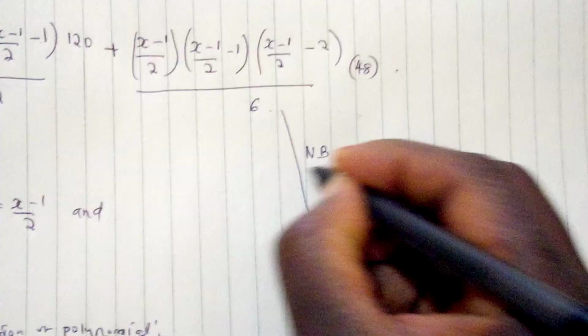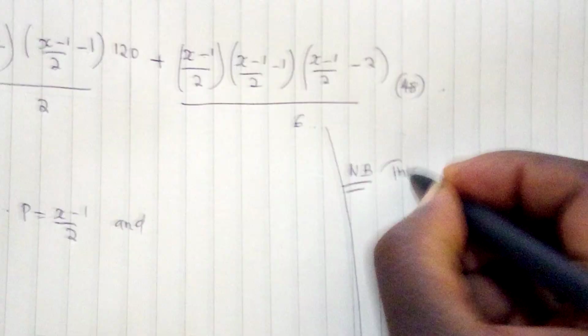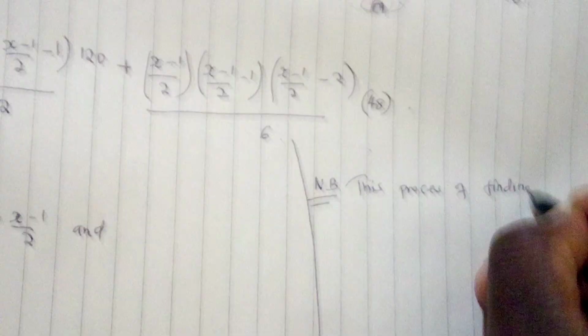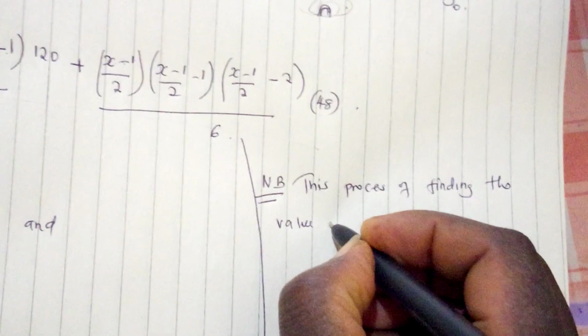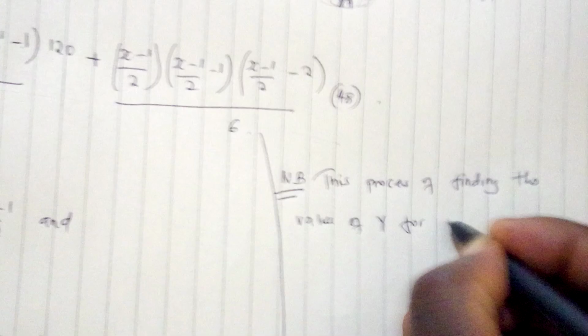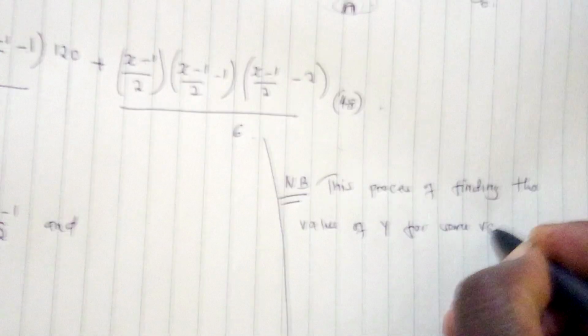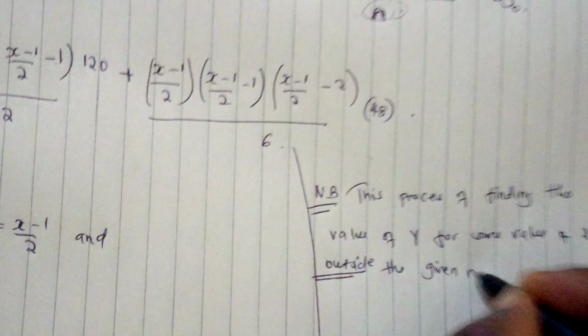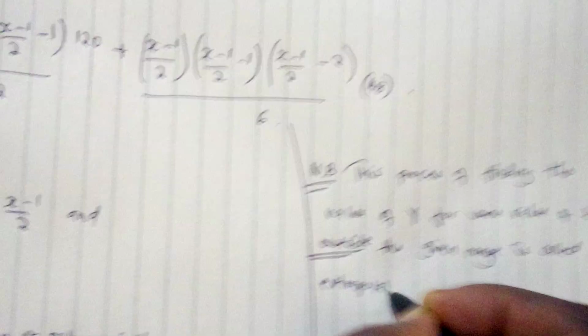I have a small NB here, N.B. Let's write it here. This process of finding the value of y for some value of x outside the given range is called extrapolation.